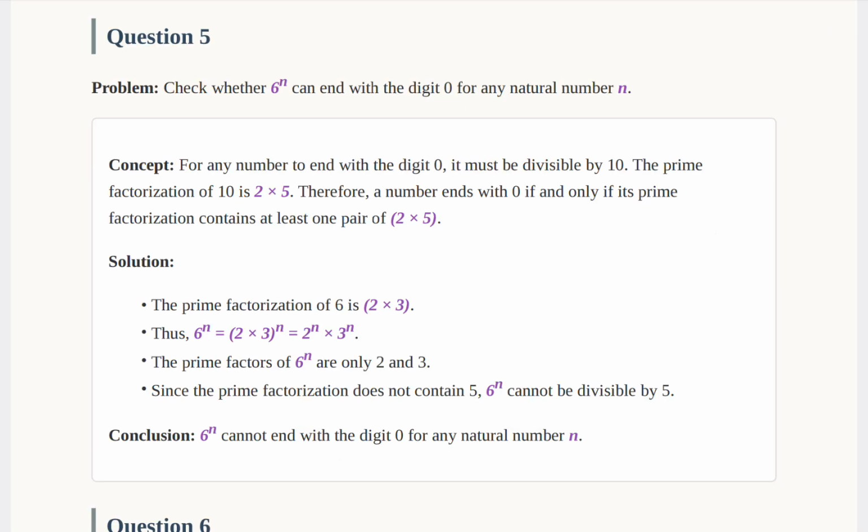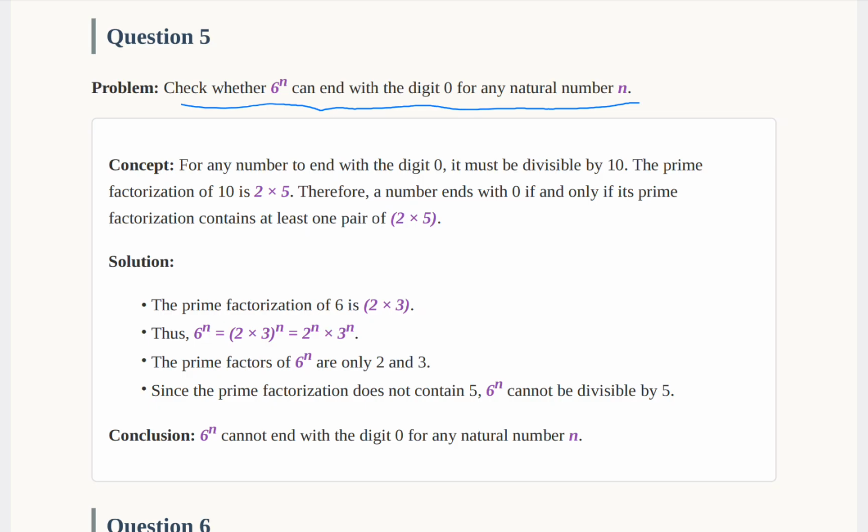Now we come to question number 5. See here what it is saying. It is also an important question, and you can get this kind of question in other ways also. Check whether 6 raised to the power n can end with the digit 0 for any natural number n.